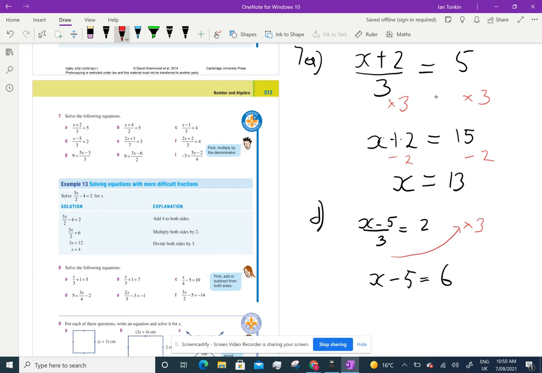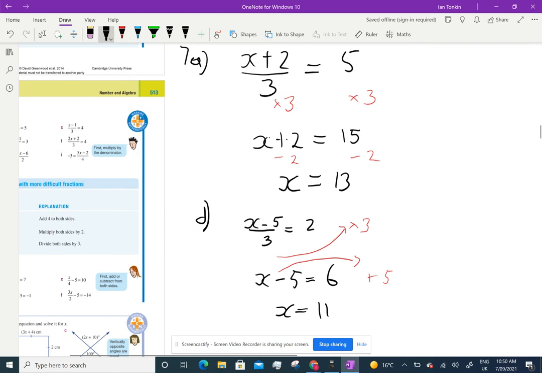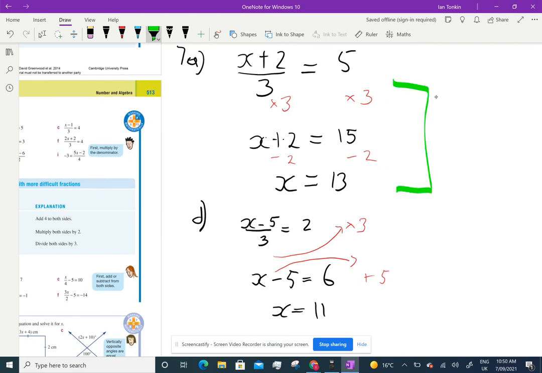And now I'm going to move this 5 over here, and I'm going to add the 5. And I get x equals 6 plus 5 is 11. It doesn't matter which way you do it. If you like to do it by doing things to both sides, if you like to think I'm moving them away from the x, so multiply the 3, then add the 5, same result.